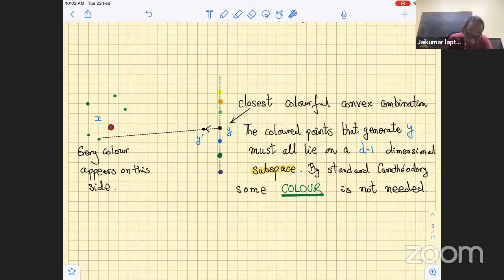Now, take this X, take this Y, and draw the line which is perpendicular to this line. So this is an affine plane which is perpendicular to this. Now, the point is, can there be any point which generates Y which is on this side? There are many points that generate this colorful combination. There is a colorful combination which generates Y. Among them, suppose there is an orange point.